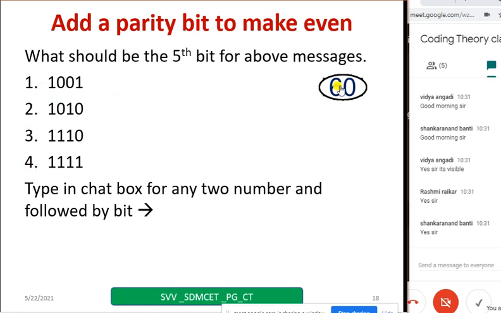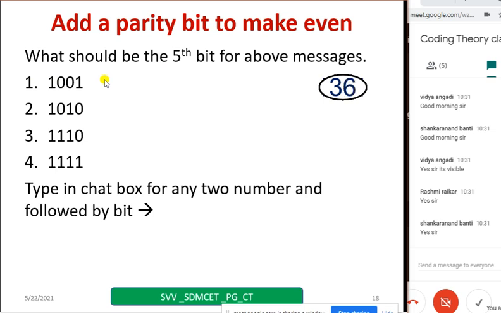You have 1 minute. To make an even parity, I want to add an additional 1 bit, a parity bit. For example, first case, whether the parity bit I am adding should be 0 or 1, such that the number of ones becomes even.